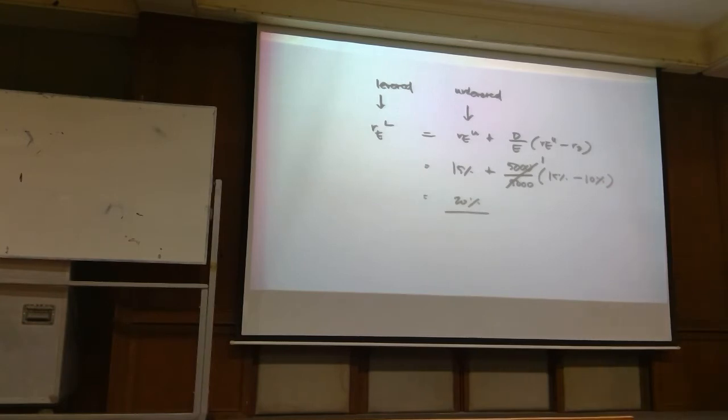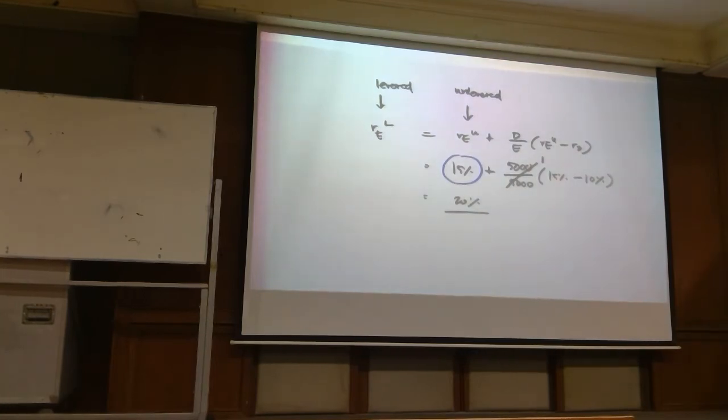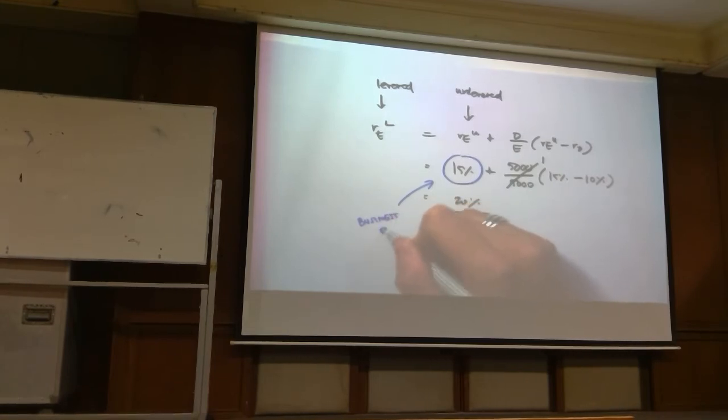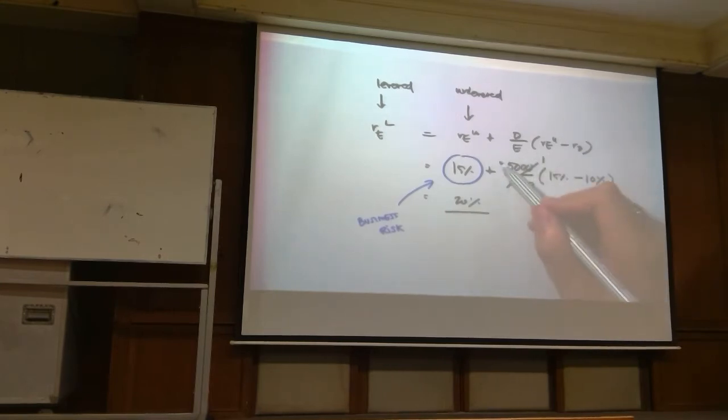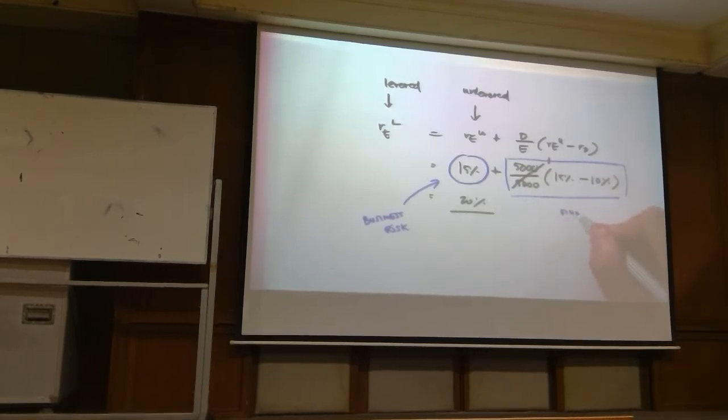Part of it comes from the original return you could expect from this business. So that was the business risk we talked about in the cost of capital class. So this part must then be the financial risk. That leads to the conclusion of the next slide.